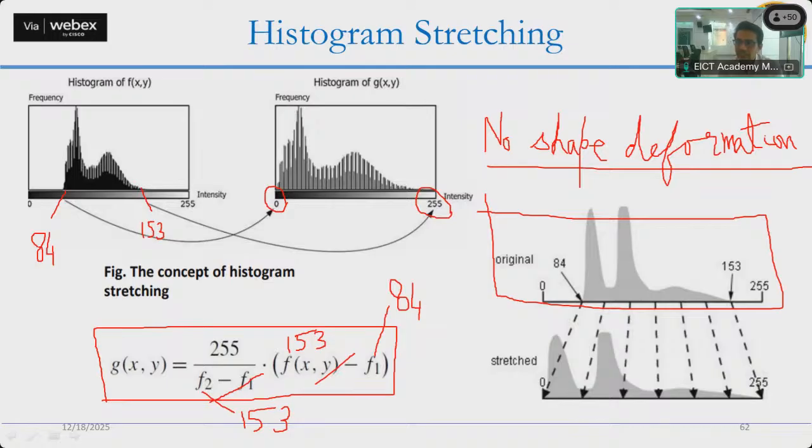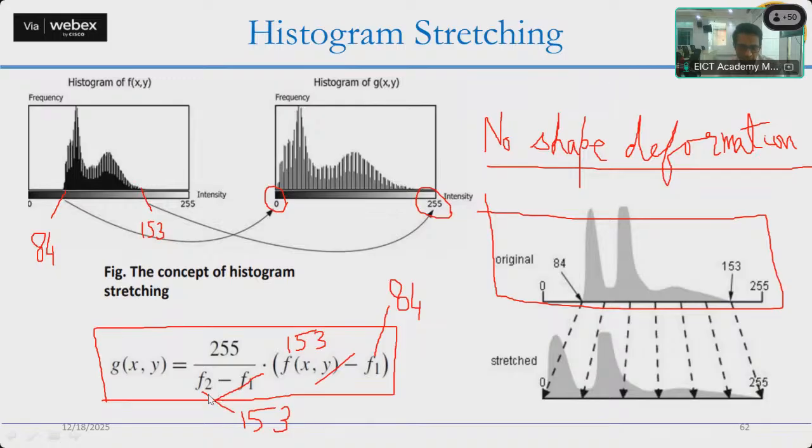F2 is the maximum value, and F1 is the minimum value of the pixel intensity here. The range is 0 to 255, max and min.